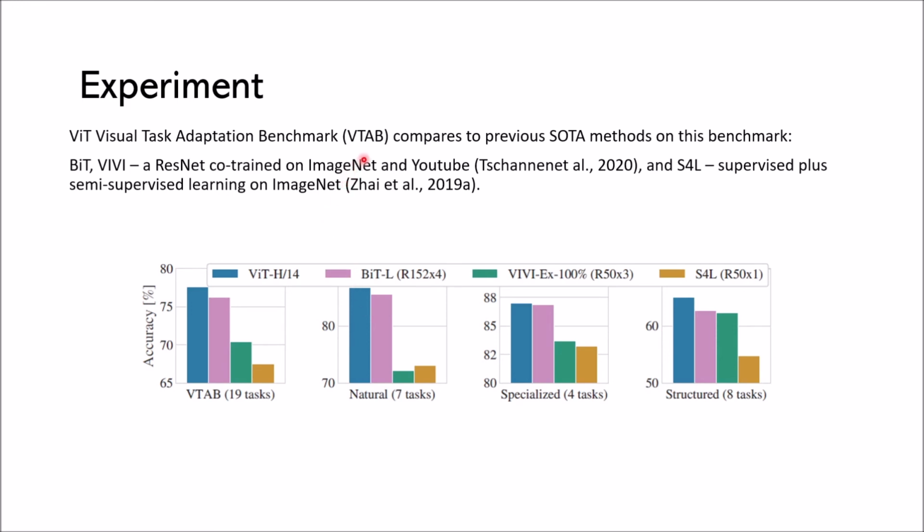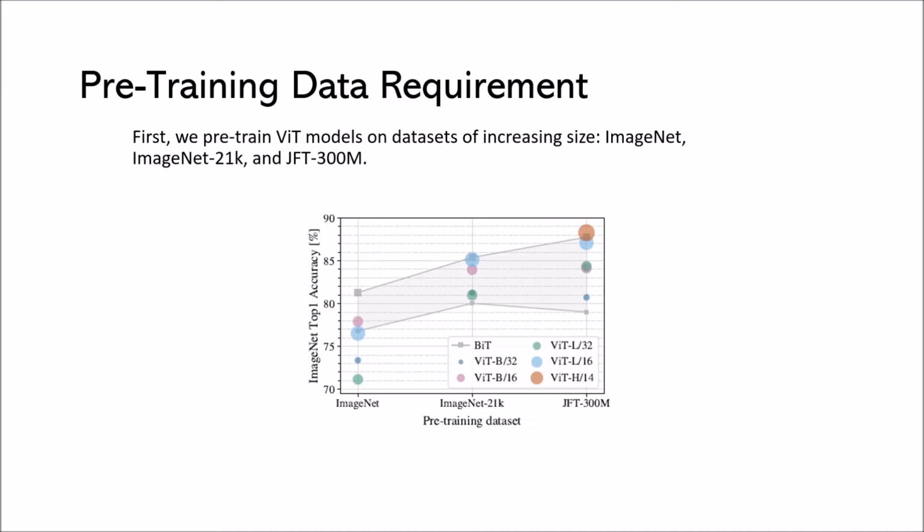So they compare the Vision Transformer with the previous SOTA methods on this benchmark, which is this BiT, same as before, and this is VIVI, which is ResNet, and then S4L, which is semi-supervised learning on ImageNet. And as you can see, this blue one is generally better than all the rest of the models, which is a good sign.